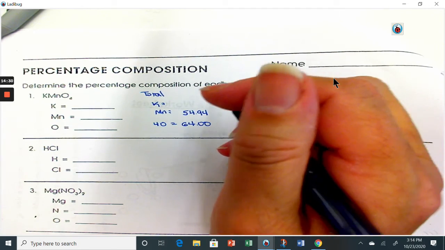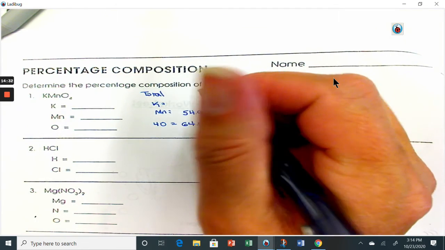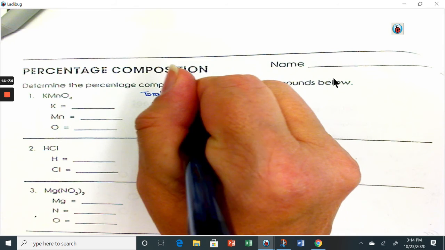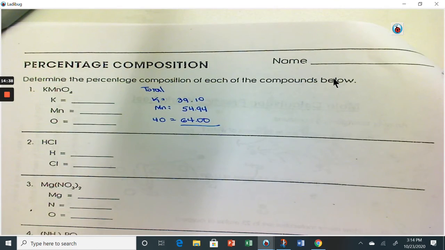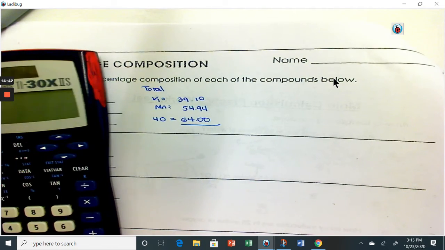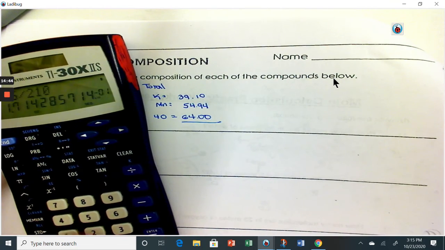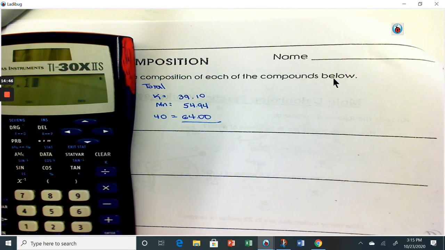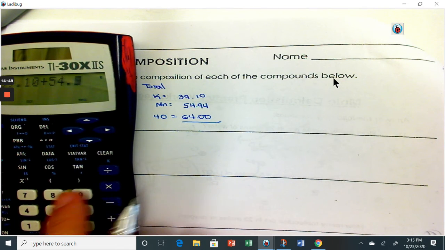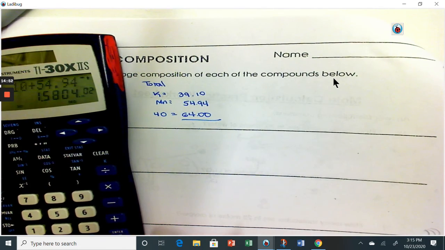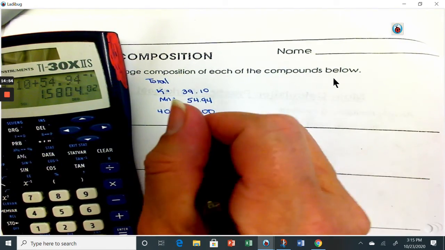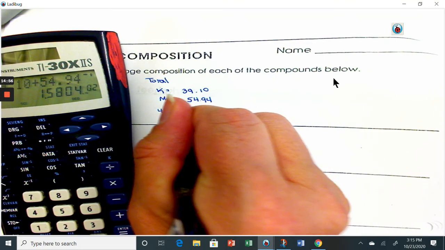And then potassium is 39.10. So we add these up. And we get our total. I get 158.04.